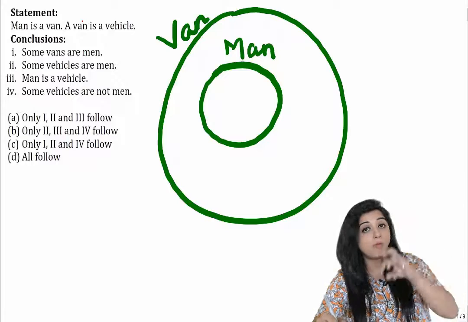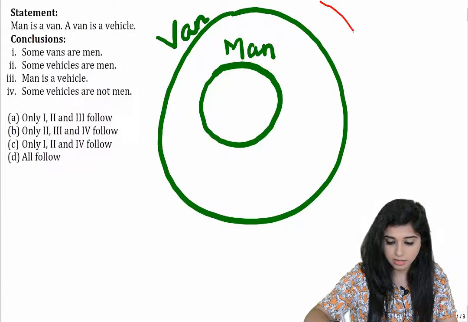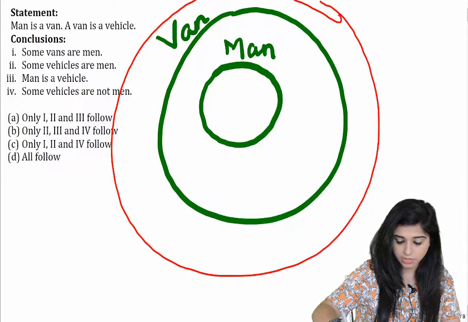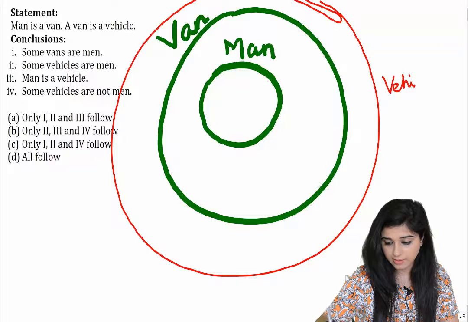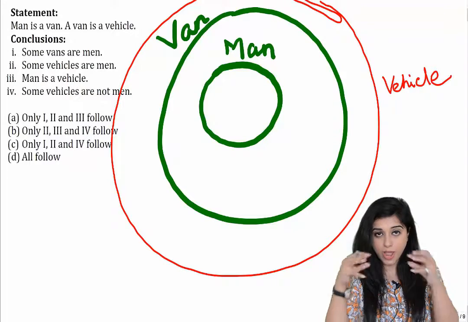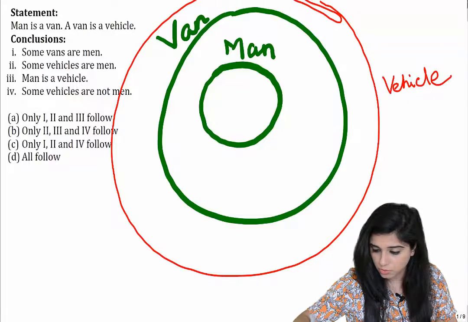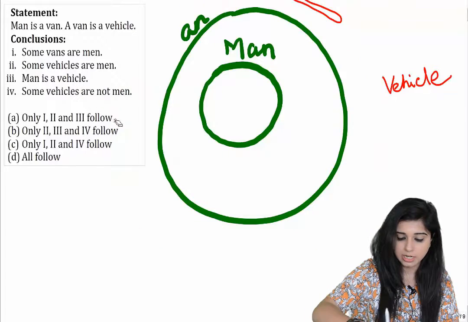Let's see how we can represent this. It says all van, the entire van is a vehicle. What we're trying to say is van inside, vehicle outside. I'm sorry, I haven't been able to complete that circle, but let me just draw it again.